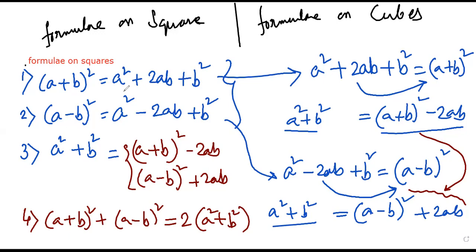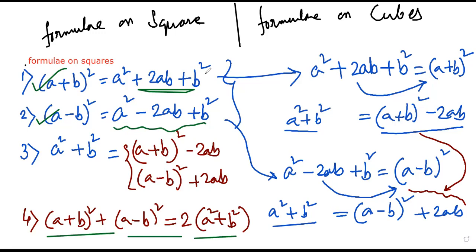See, when we add this expression and this expression, just see, we have to add this expression and this expression, and plus 2ab and minus 2ab will cancel out, so that we will have 2a square and 2b square. Clear? And that is why the formula is a plus b whole square plus a minus b whole square equal to 2 into a square plus b square. That's all.